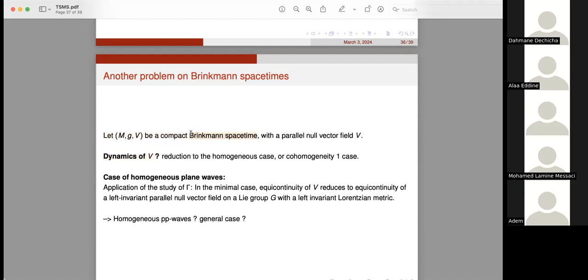If we consider a compact Brinkman spacetime with a null parallel vector field, we can ask whether this action of V preserves a Riemannian metric on M, which is equivalent to saying that the flow of V inside the isometry group generates a relatively compact subgroup.